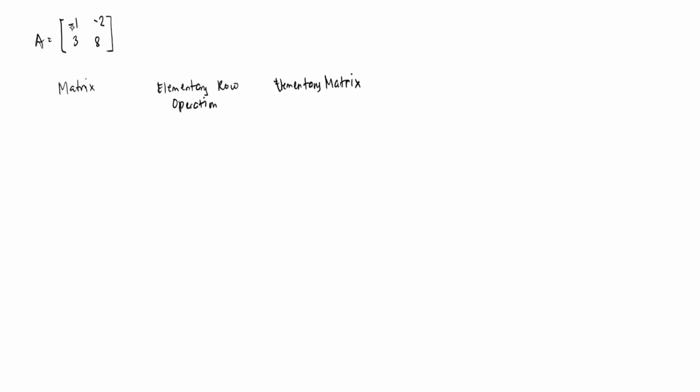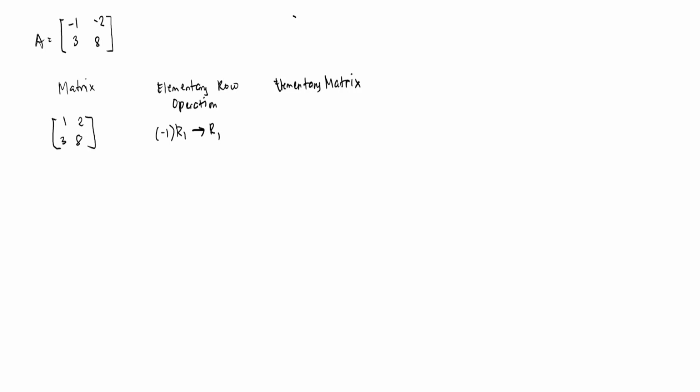Let us start with making a leading one in row 1. So we multiply row 1 by negative 1. We have 1, 2, 3, 8. What we did is multiply row 1 by negative 1 to get new row 1.